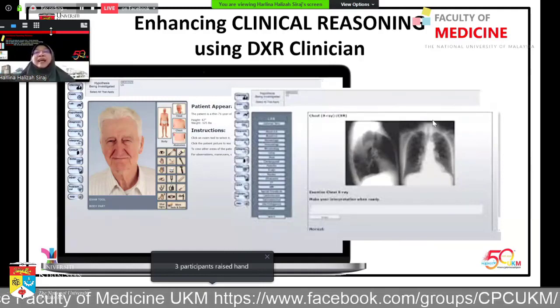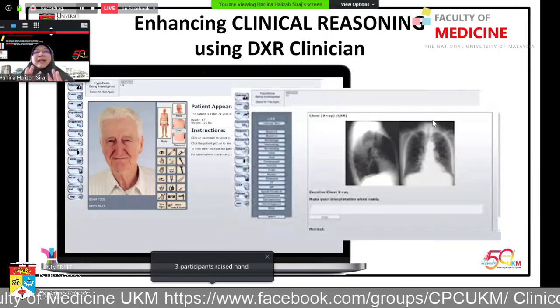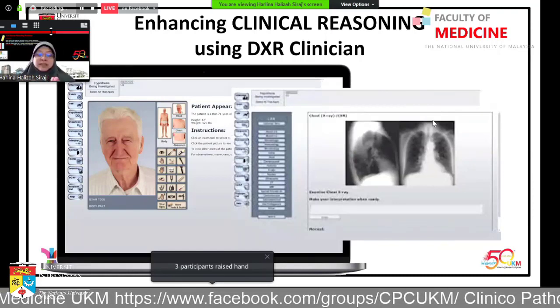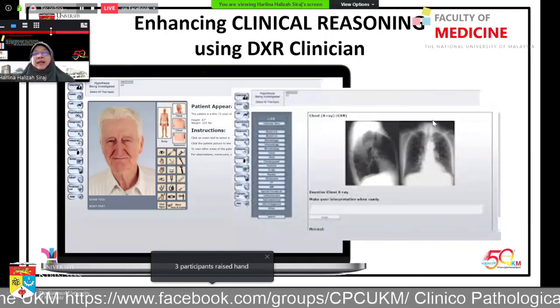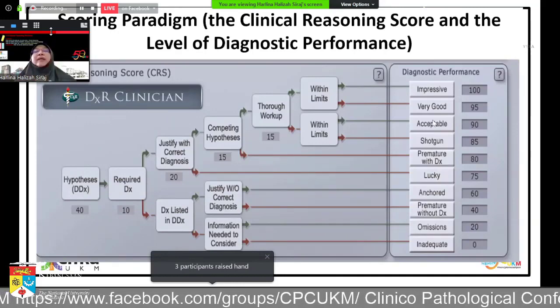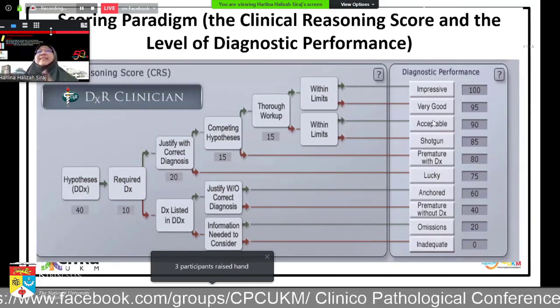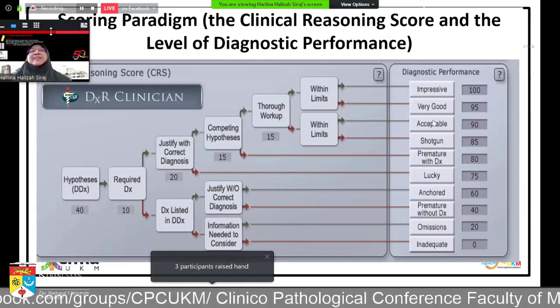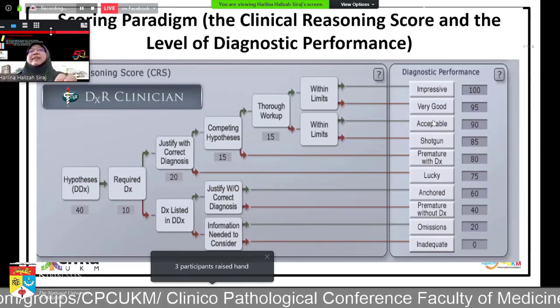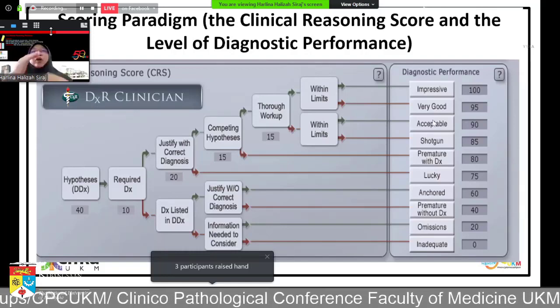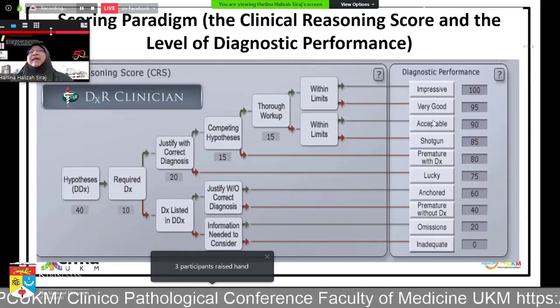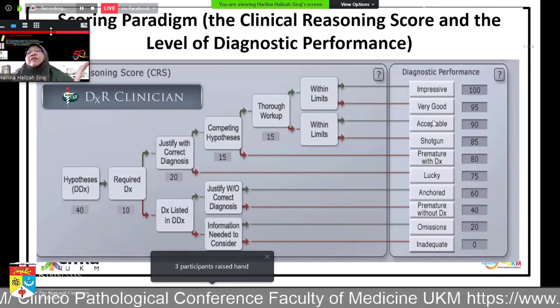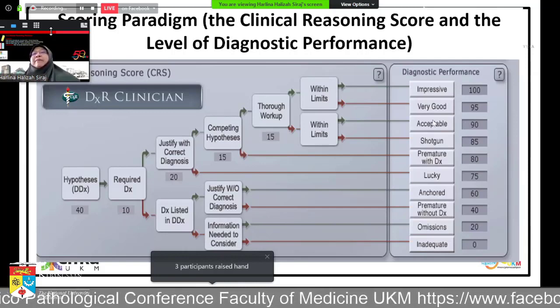And of course, this definitely needs a lot of readiness in terms of the teachers and also the learners. The good thing about the Dxr Clinician is that at the end, there is a scoring paradigm, whereby the student is scored according to their diagnostic performance. Let me just go through that. Of course, 100% is impressive, very good, acceptable.